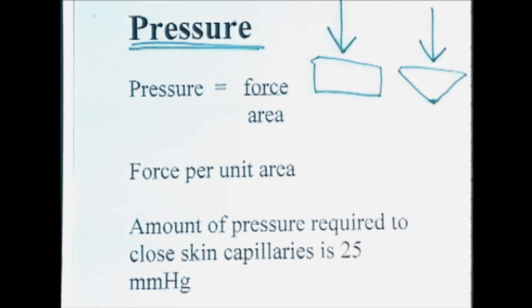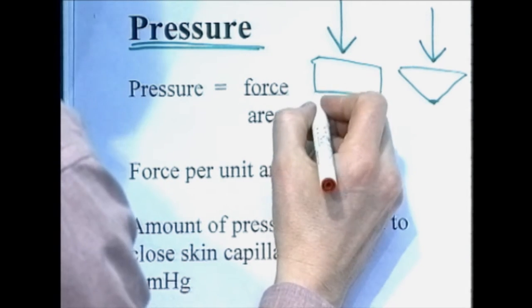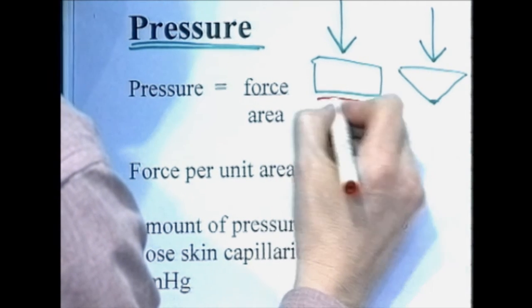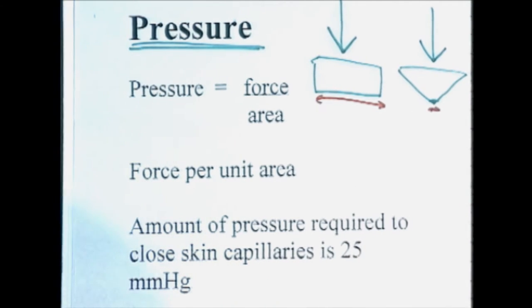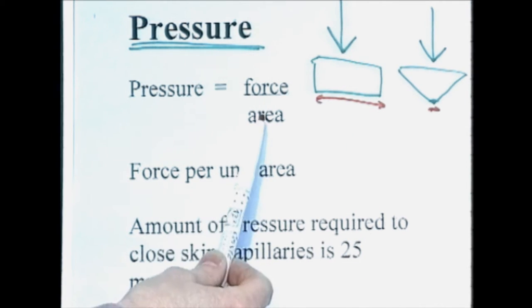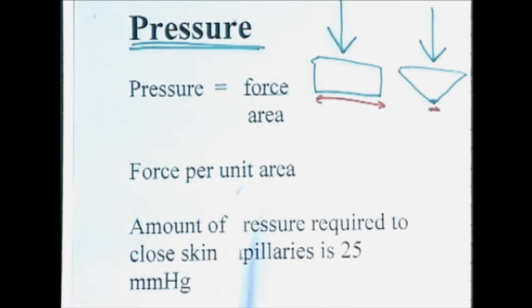But with this block, the force is transmitted over that much area, and this block is transmitted over a much smaller area. So I think you can see the pressure per unit area here is much greater than here. So two factors involved, force and area. So pressure is force divided by area, force over area.